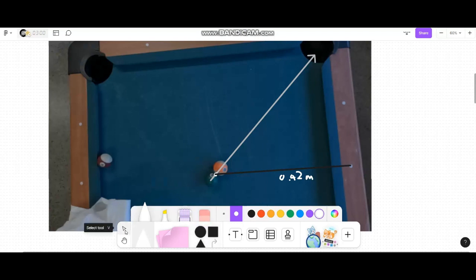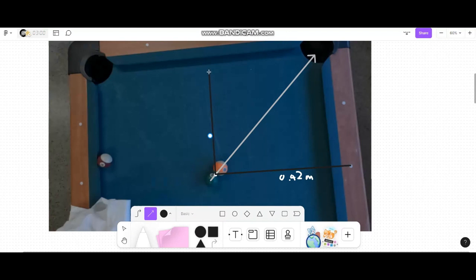Okay. Similarly, the center of the two balls is going to be lining up with the center of the table. So if I draw a line here, that's the center of the table. The length of the table is twice the width of a pool table, so this distance here is also 0.42 meters.